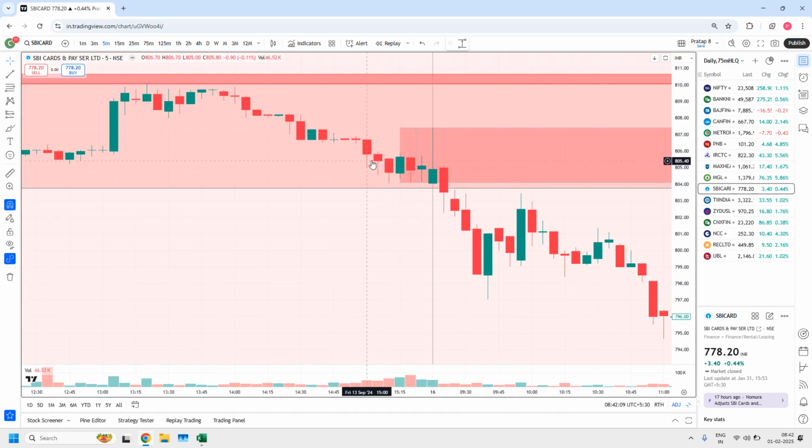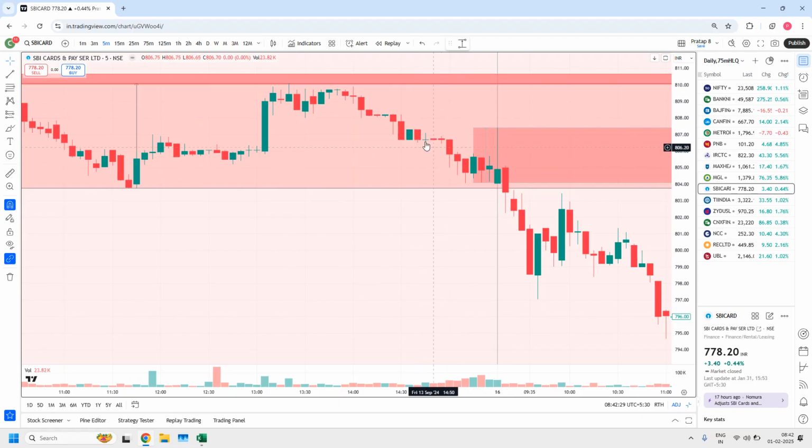Even drop, base, drop you can't, because it is already till this distal line. First of all, you can't draw a 5-minute zone here. The reason is this is a drop, the failed ERC drop candle. This is again another drop, no base candles. And this also you can't, because it is violated in this candle.